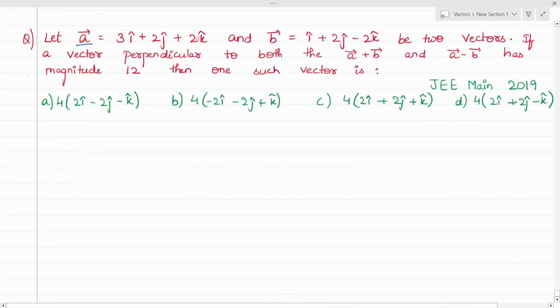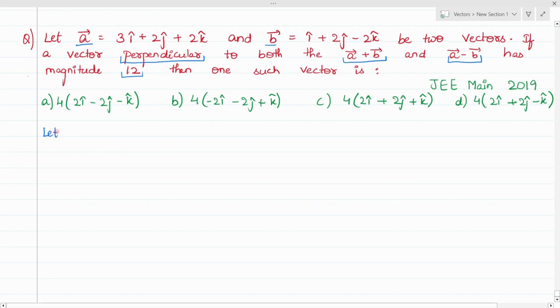In this question, two vectors are given, that is A and B, and it is told a vector is perpendicular to both the vectors, that is A plus B and A minus B, and it has a magnitude of 12, then one such vector is. Now, this perpendicular to both the vectors, what does it actually tell?